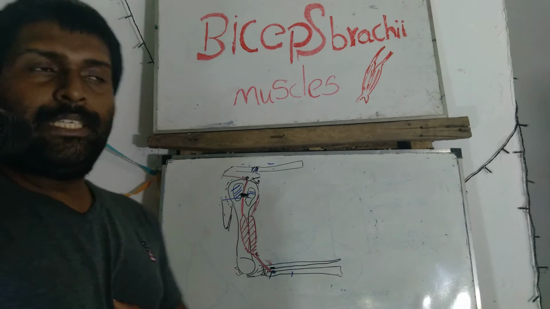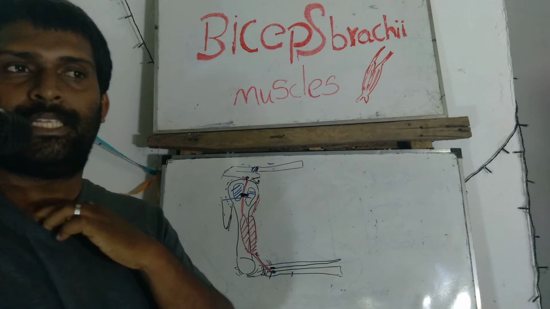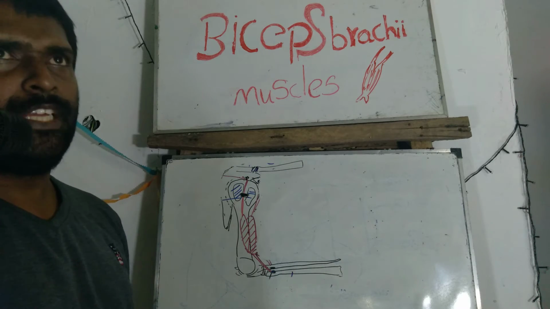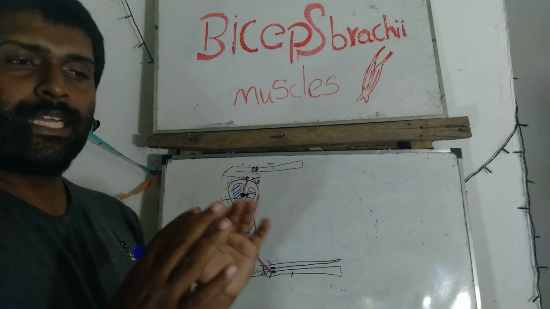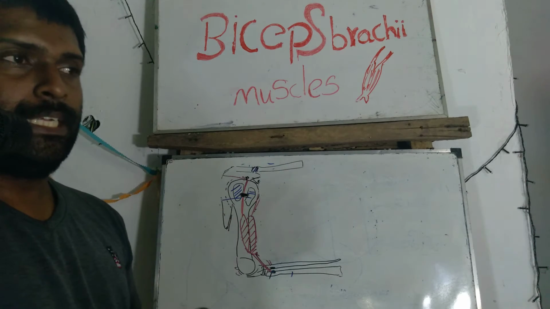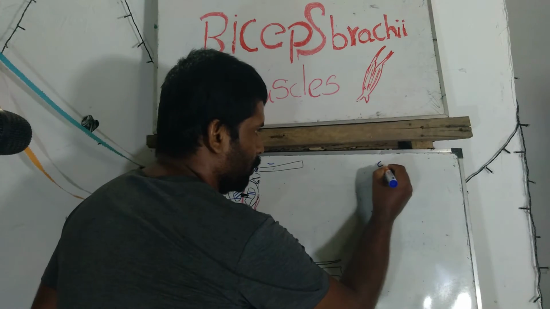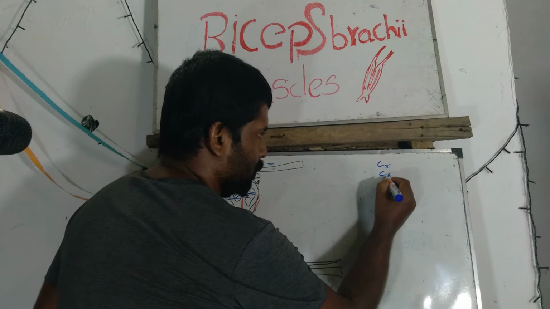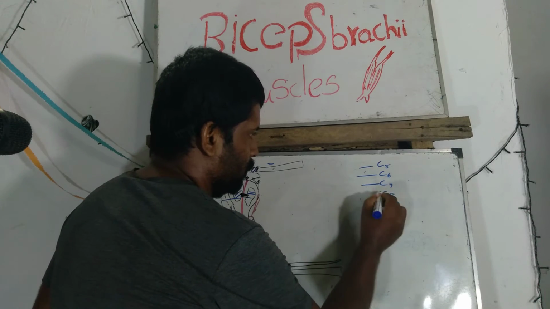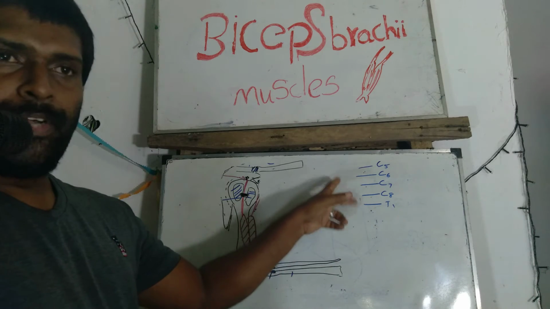Then we are going to talk about the innervation of the biceps brachii muscle. In the cervical region there are several roots, from C5 to T1. These roots form the brachial plexus.